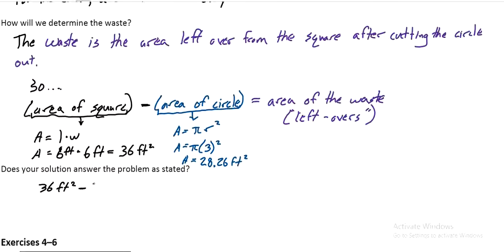So we're going to do 28.26 feet squared, and we just have to do our subtraction. Our subtraction will be 7.74 feet squared. So does it answer the problem as stated?